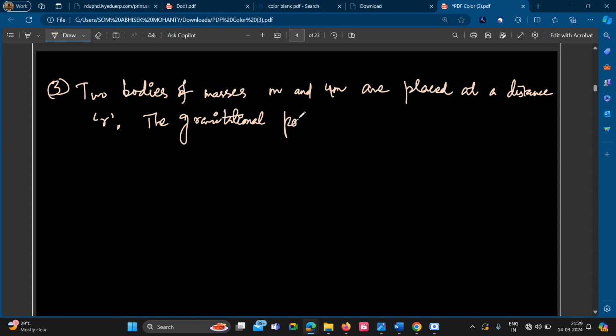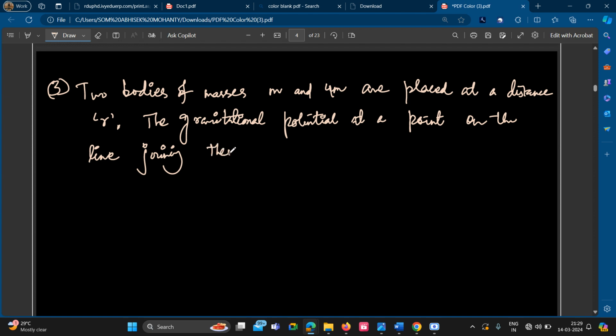The gravitational potential at a point on the line joining where the gravitational field is zero.